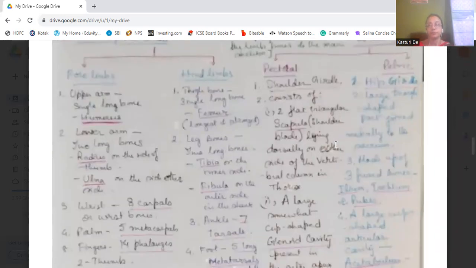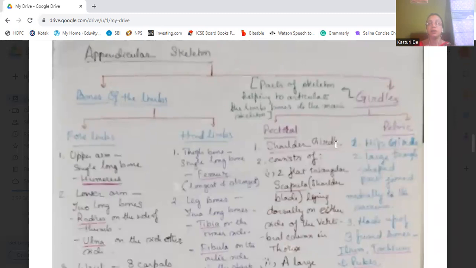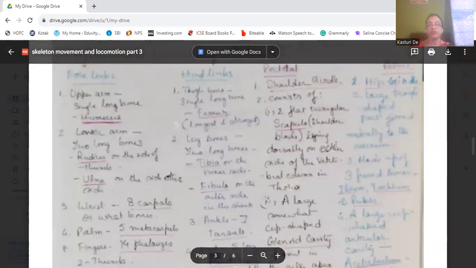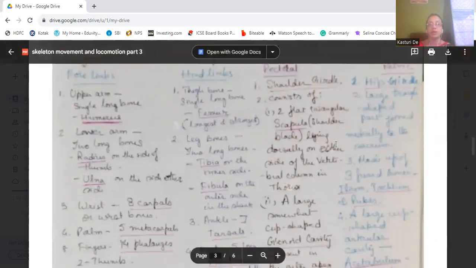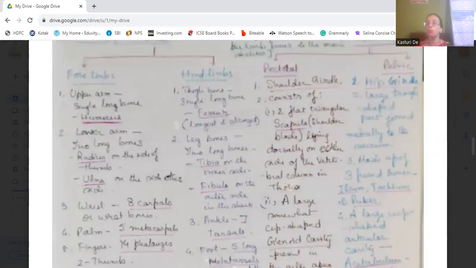Now we come to the bones of the limbs, that is forelimbs and hind limbs. Forelimbs: the upper arm consists of a single long bone which is known as humerus. The lower arm has two long bones, one is radius, another is ulna. Radius is towards the thumb side.